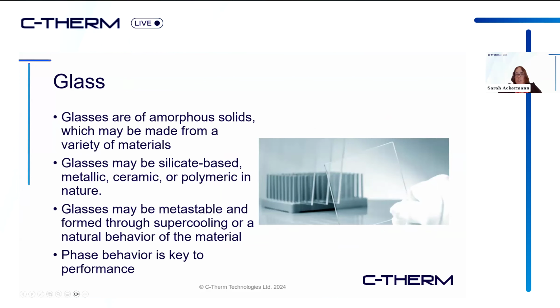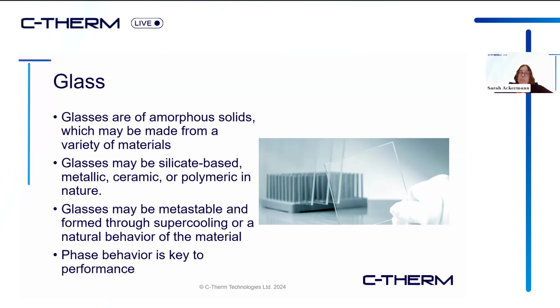The next one that we're going to take a look at is a glass application. So glasses are a really broad class of materials that are amorphous solids. They can be silicate based. You can have metallic glasses. You can also have ceramic glasses, semiconductor glasses, polymeric glasses.